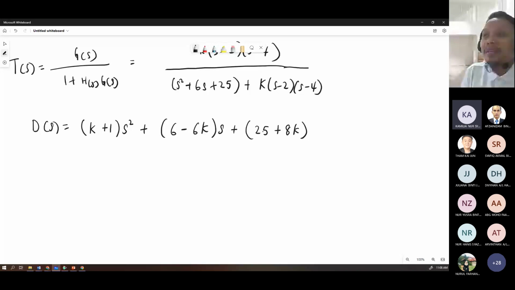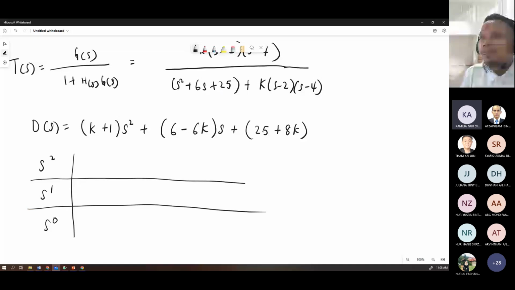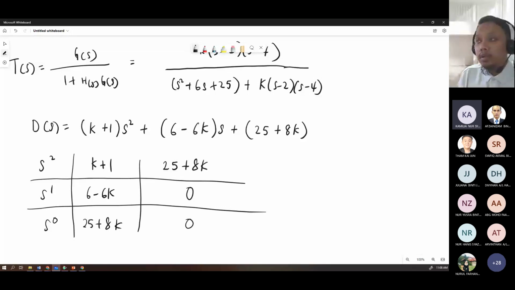Okay, maybe a mistake. Okay, and then you generate the Routh table. So k plus 1 here, 6 minus 6k, 25 plus 8k, 0. So here is 25 plus 8k, 0.